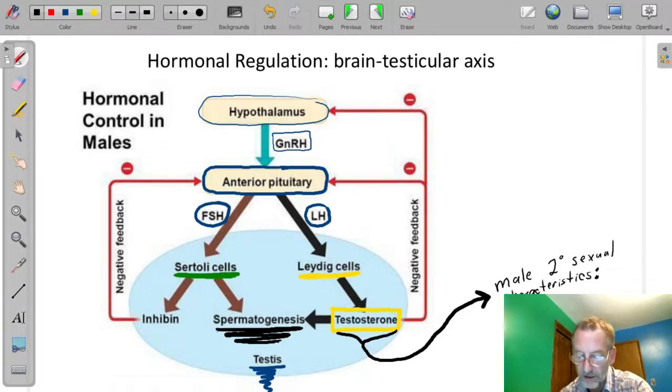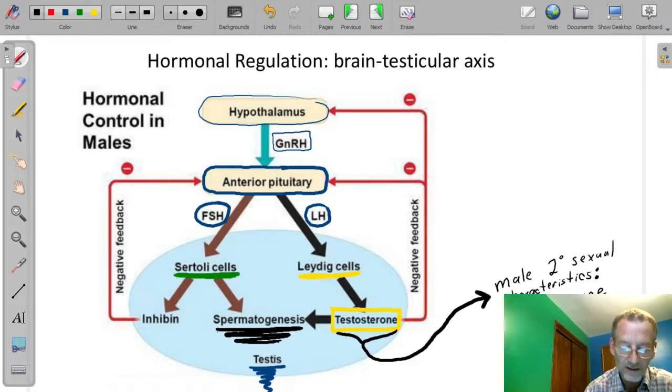Secondary sexual characteristics are things like deeper voice, basically longer vocal cords, a more prominent thyroid cartilage, more body hair in general, larger bones and muscles on average. That sort of thing. So that's testosterone from the Leydig cells.